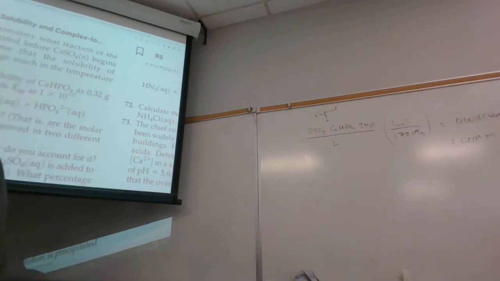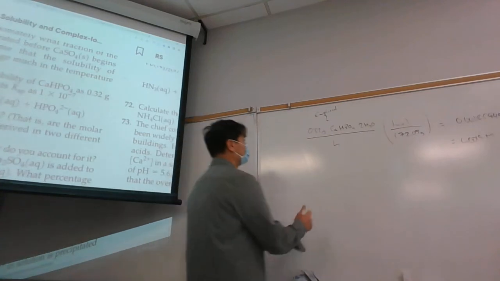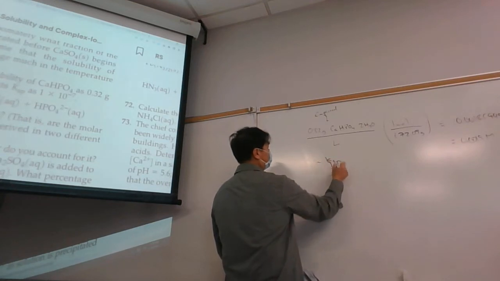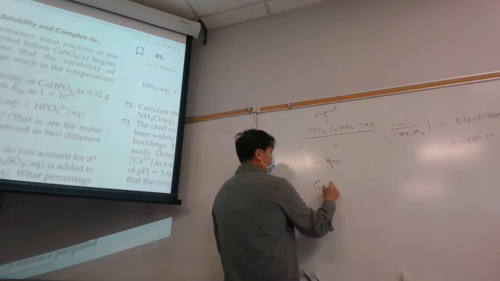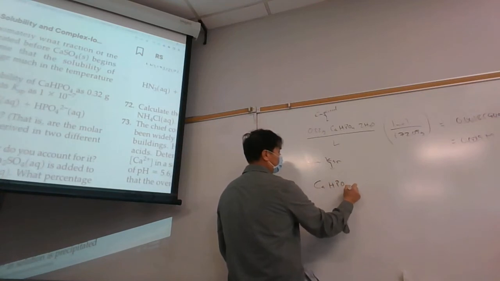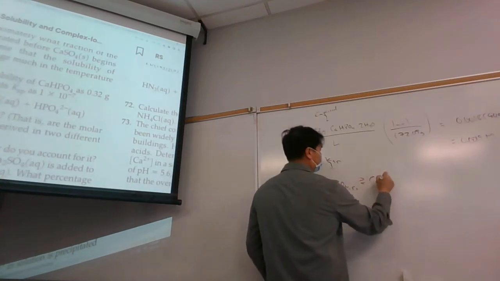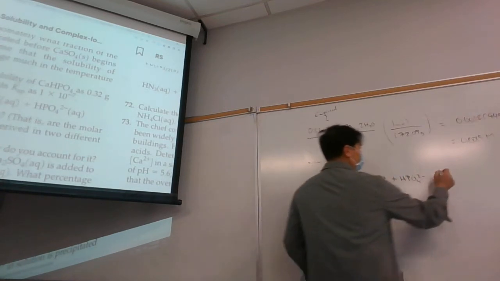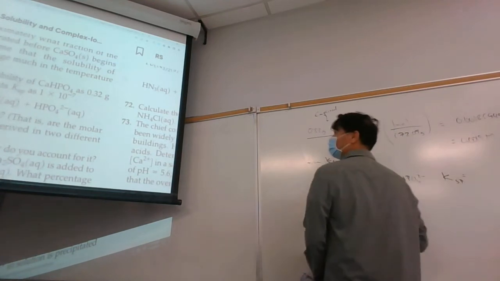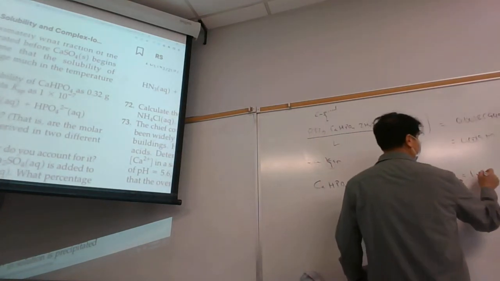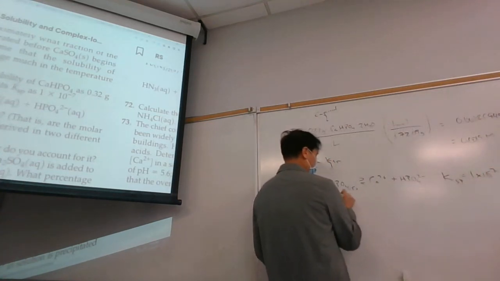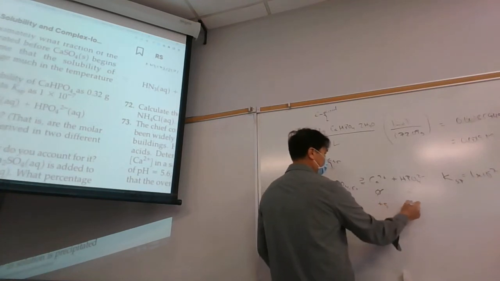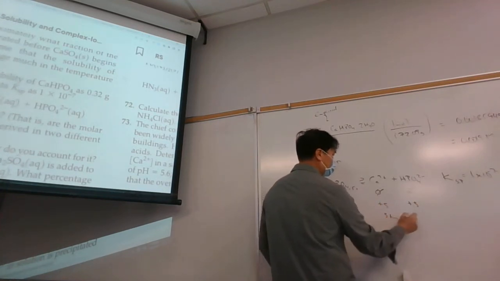All right, the solubility from the KSP. We're going to get calcium monohydrogen phosphate solid that splits up into calcium ions and monohydrogen phosphate ions. So we'll have KSP, which is equal to 1 times 10 to the minus 7. And this is going to split up into S and S. So we'll have plus S, plus S. So at equilibrium, we'll have S molar and S molar.